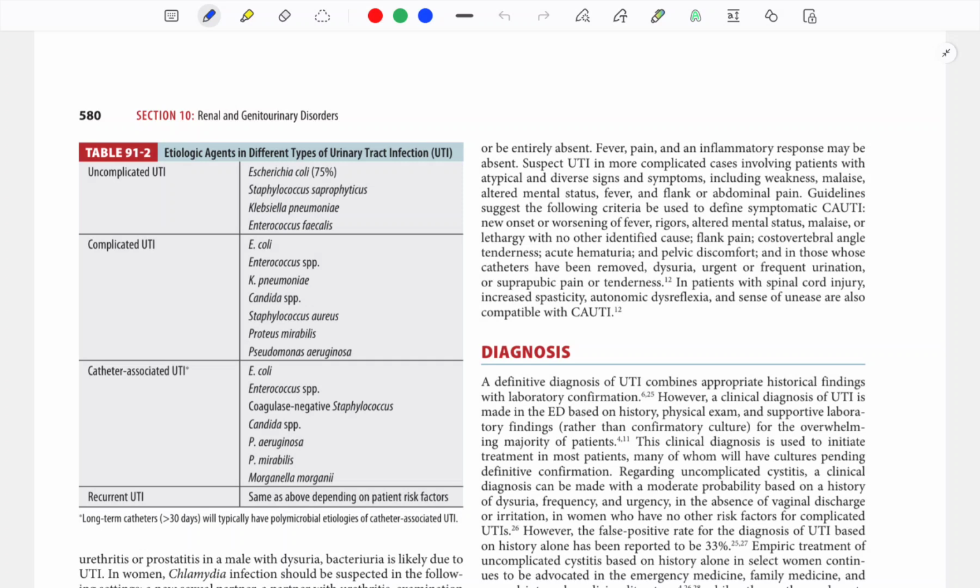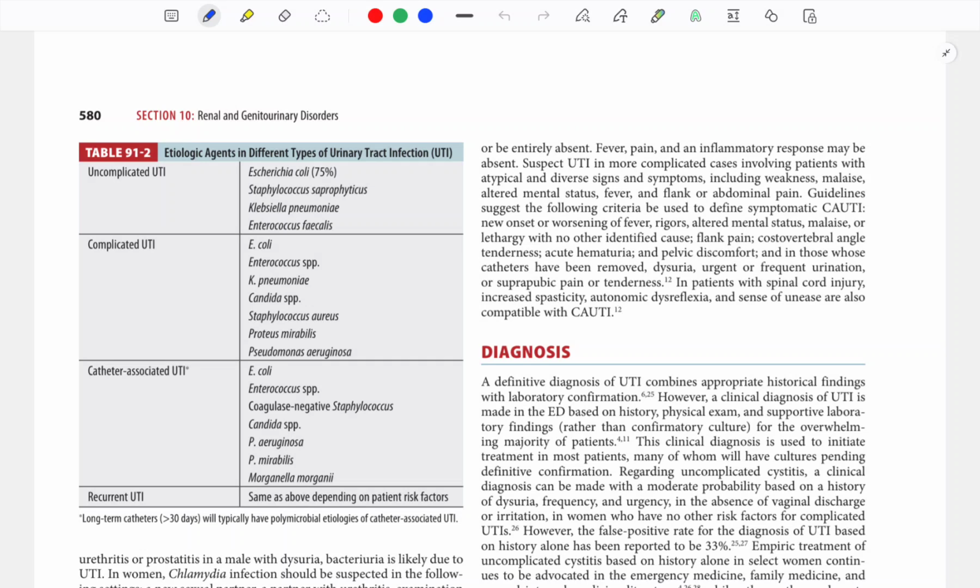Then the second position varies. So in uncomplicated UTI, it will be staph, Klebsiella and Enterococcus. We see a lot of Klebsiella UTI in our ICU. Staph saprophyticus is seen on skin also.